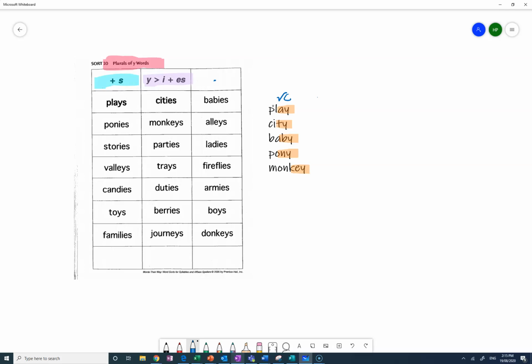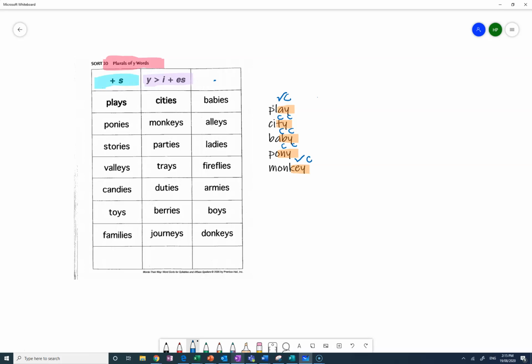Now, I know sometimes a Y can be considered a vowel, but we're going to look at it as a consonant today. When we look at city, we have a consonant, consonant. Baby, we have a consonant followed by a consonant. Pony, we have a consonant and a consonant. And then with monkey, we have a vowel and a consonant.